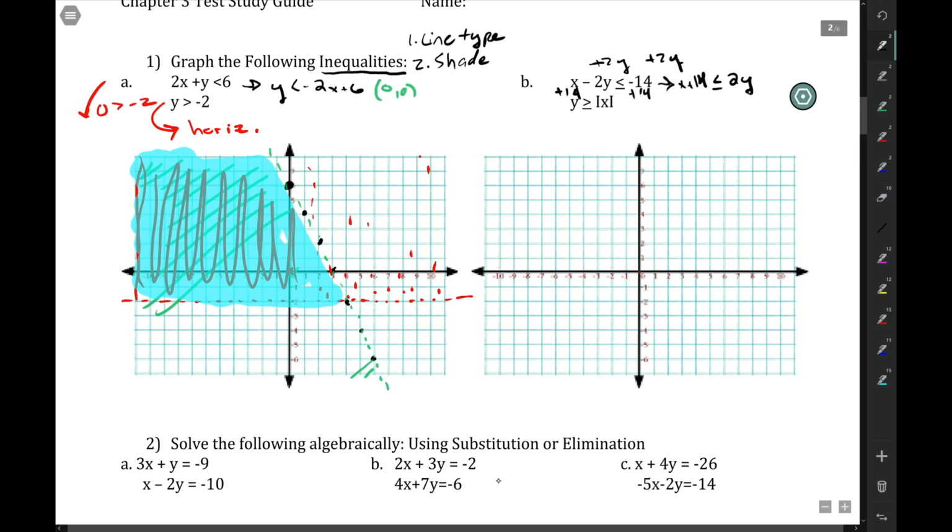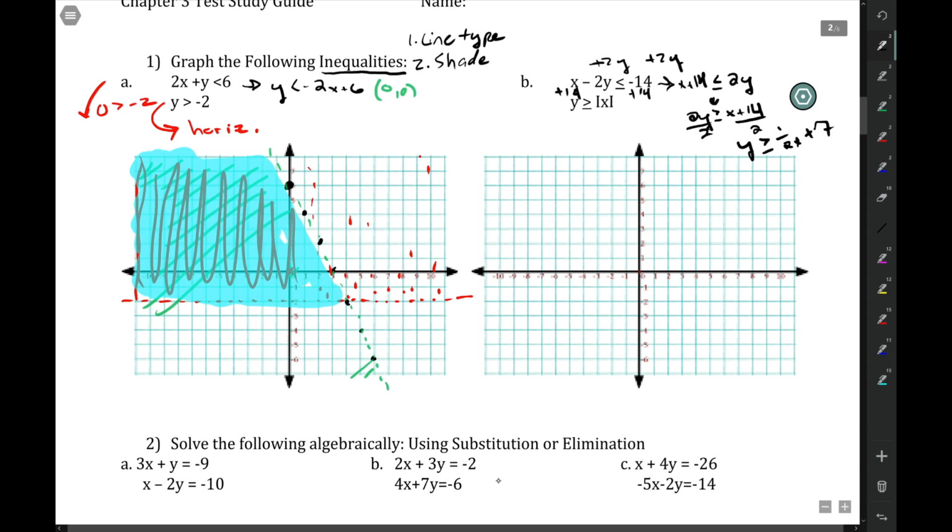I just do that to avoid flipping the sign. Then it's 2y is greater than or equal to x plus 14. Divide by 2, divide by 2. Y is greater than or equal to 1/2 x plus 7.